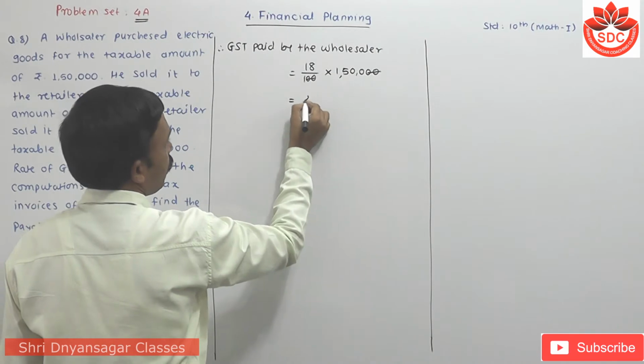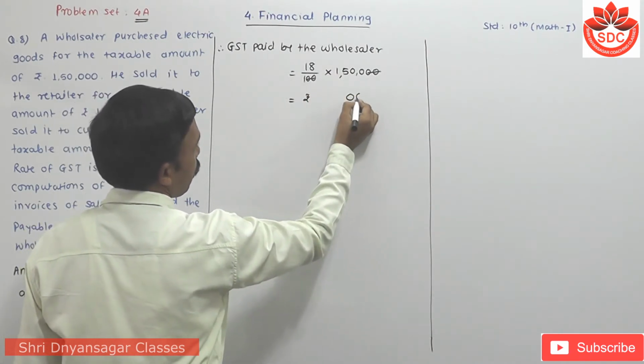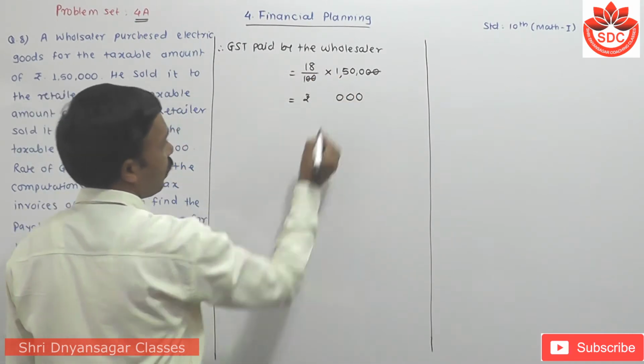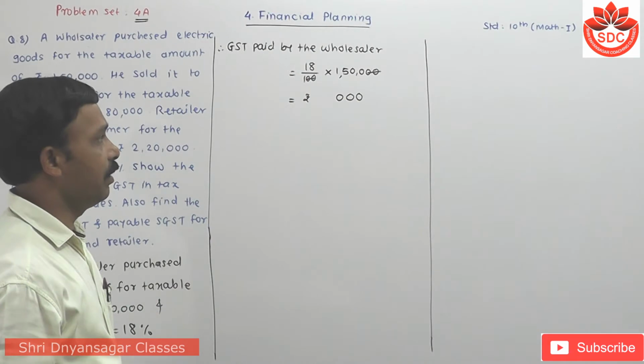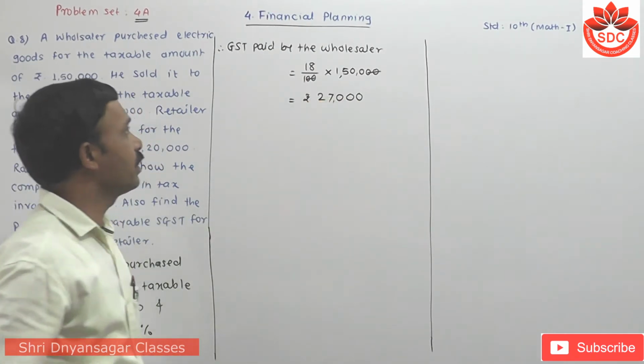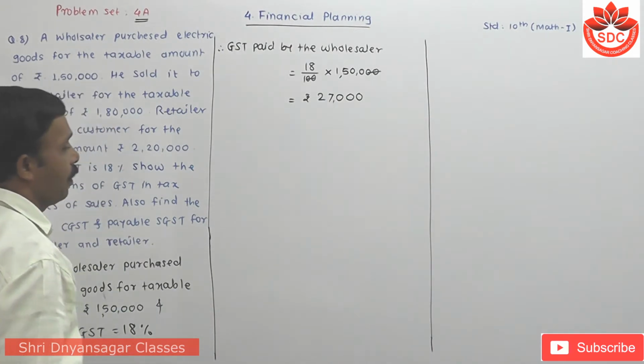Then this is rupees, 0 0 as it is. Then 18 5s are 90, carry 9. 18 1s are 18 plus 9 is 27. So GST paid by the wholesaler is 27,000.